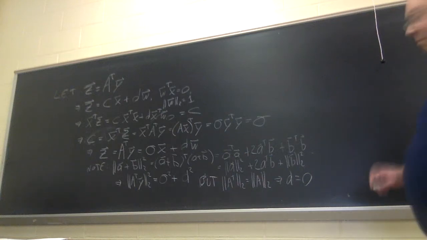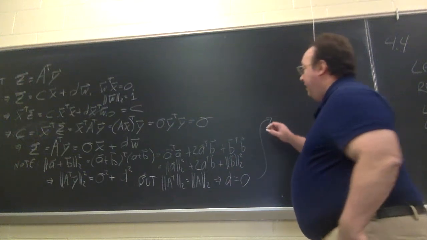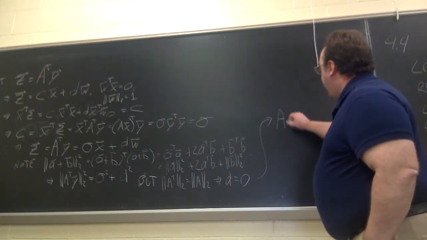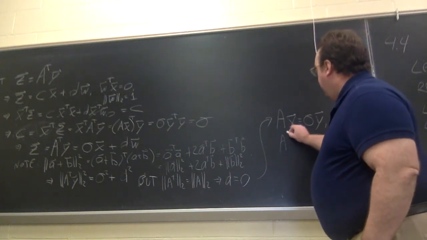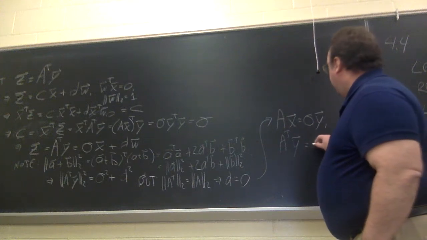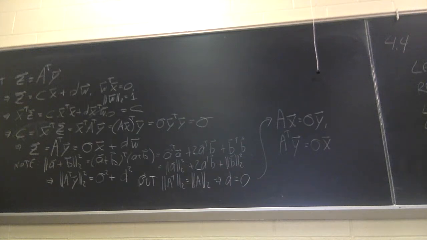All of that was just to show that D is 0. So putting this together with something I showed earlier, I have AX is equal to sigma Y, and A transpose Y is equal to sigma X. Now I can use that to get a better handle on this matrix I had earlier, U1 transpose A V1.